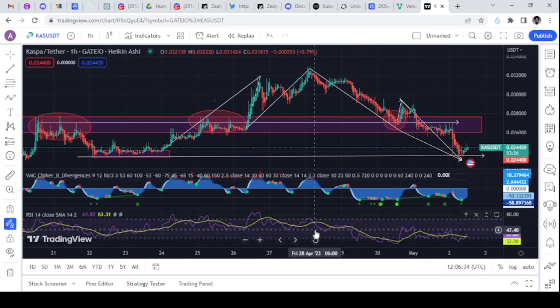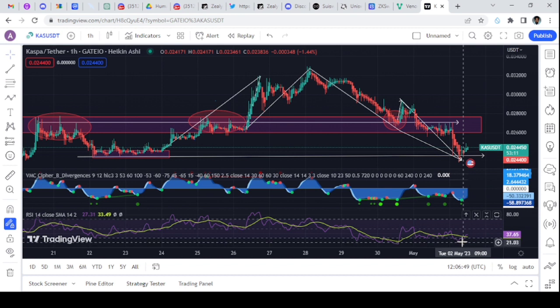You'd realize that from Friday the 28th of April till date, the price of KASPA coin has been below the overbought region, and so from Friday 28th of April till this particular position, there's a strong indication that the price of KASPA would be experiencing a pump, because when the price of a coin gets to the oversold region, it's a strong indication that there will be a pump on the price of the coin.